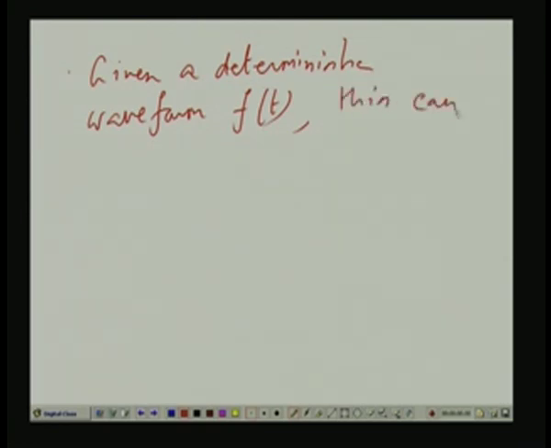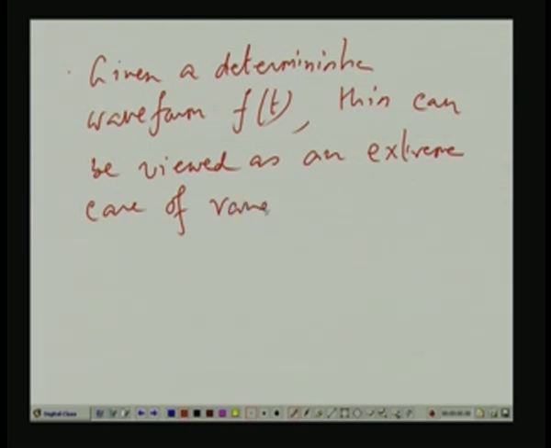It means that suppose we are conducting experiments, every experiment leads to the same waveform. That is, with every outcome the same waveform is associated.